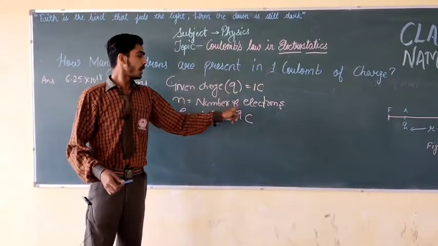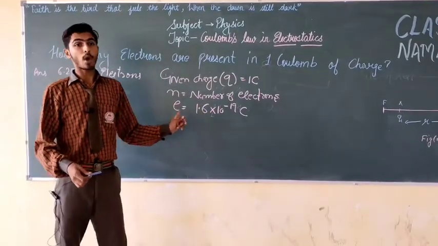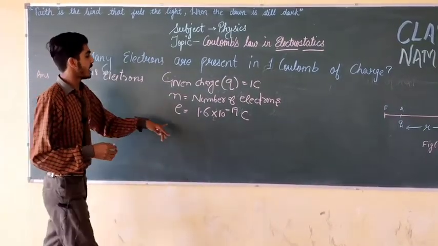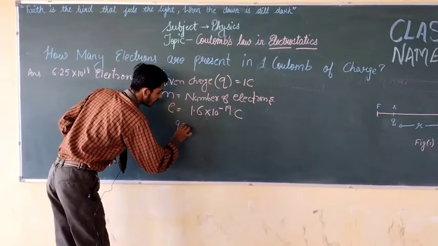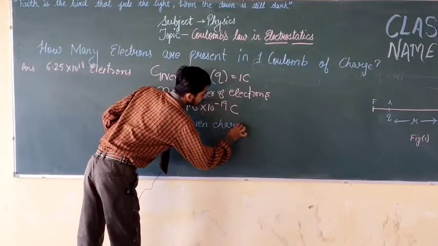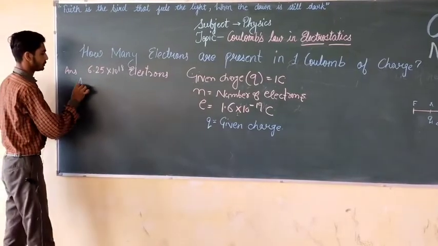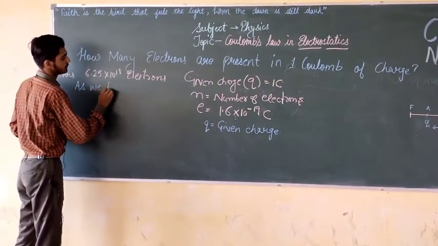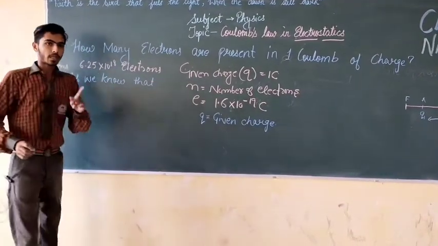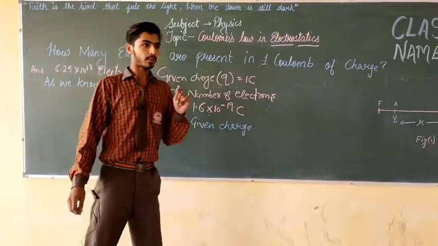Let n be the number of electrons, e the charge on an electron, which is 1.6 into 10 raised to power minus 19 coulomb, and Q the given charge, which is 1 coulomb. As we know, given charge is equal to number of electrons into charge on electron.